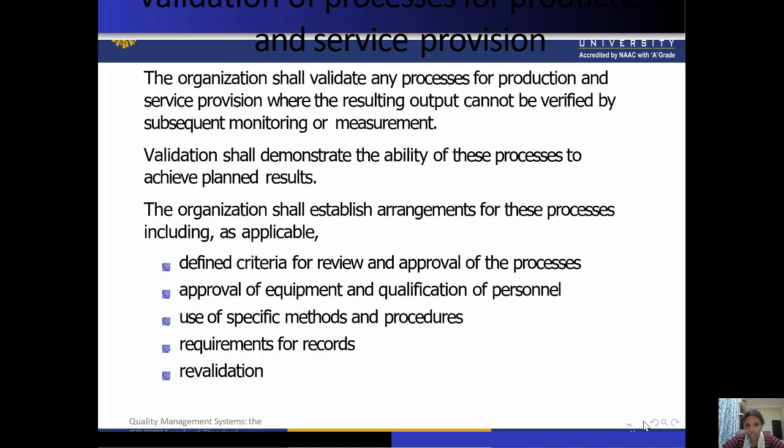The organization shall establish arrangements for these processes, including, as applicable, defined criteria for review and approval of the processes, approval of equipment and qualification of personnel, the use of specific methods and procedures, requirements for records as well as revalidation, which are some other important parameters.